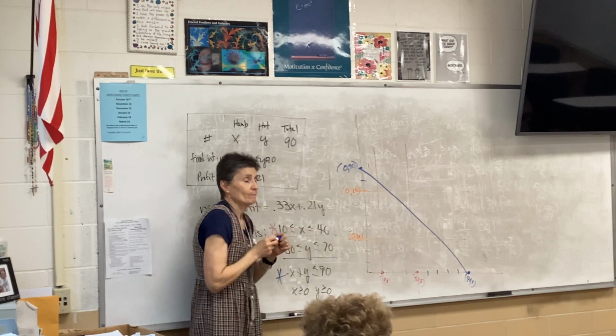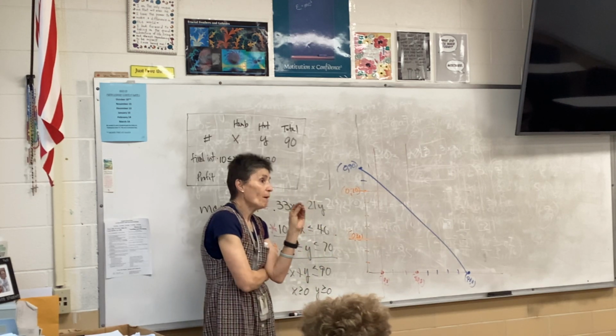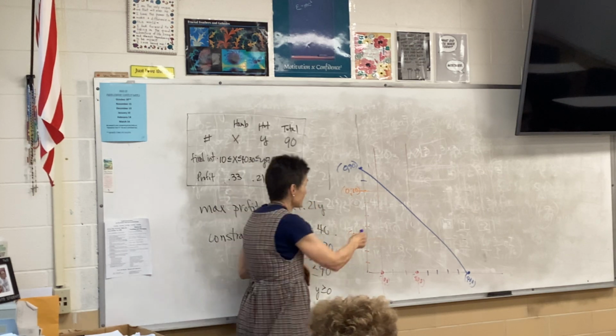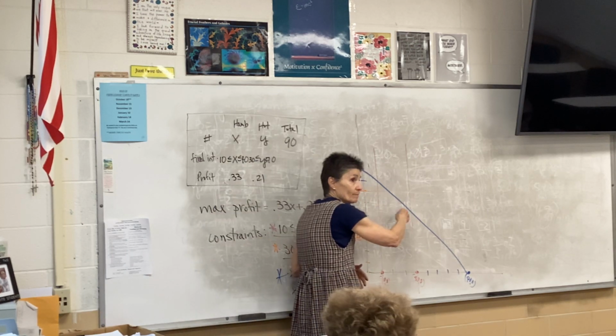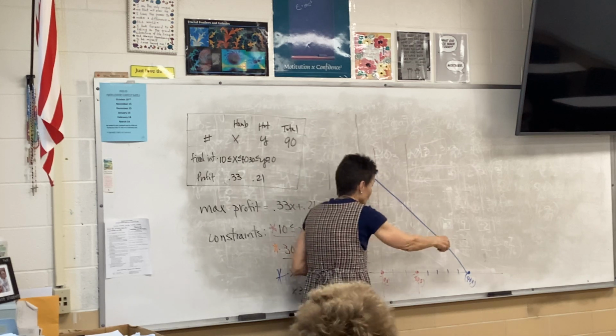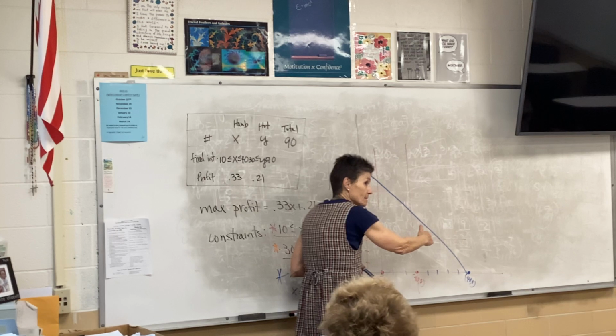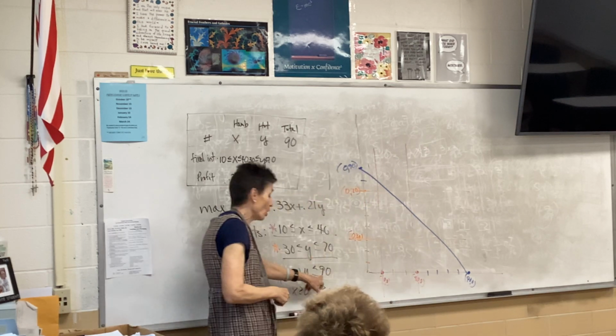Now remember, the only part of the graph that we were really looking at before was this box right here. So now I've drawn this blue line in. It cut through the box, but I have to be below my blue line.